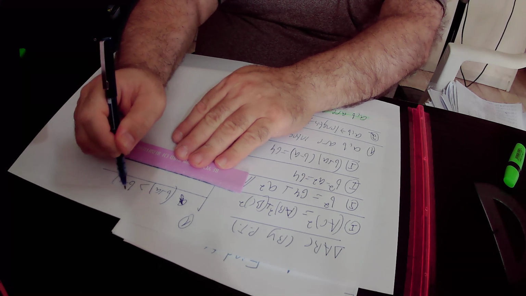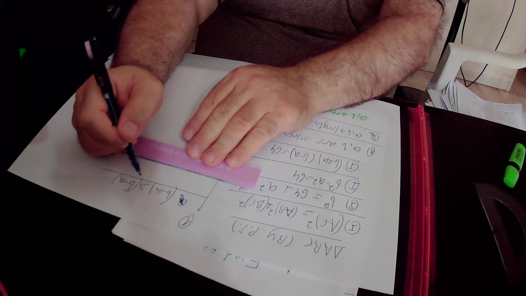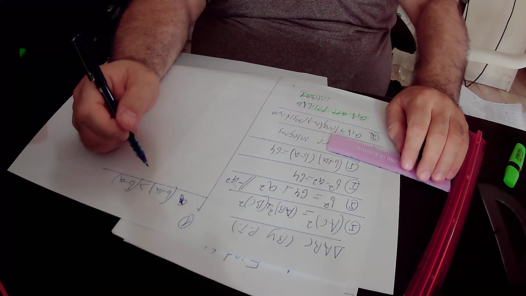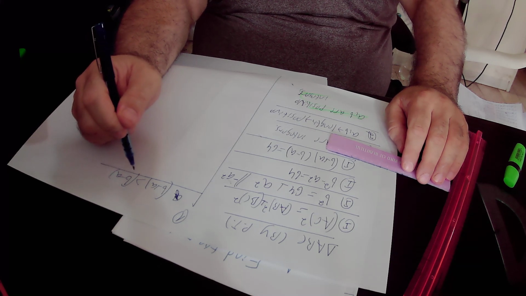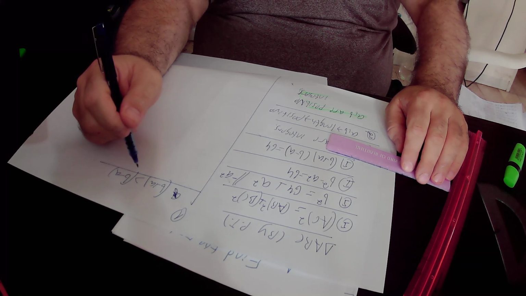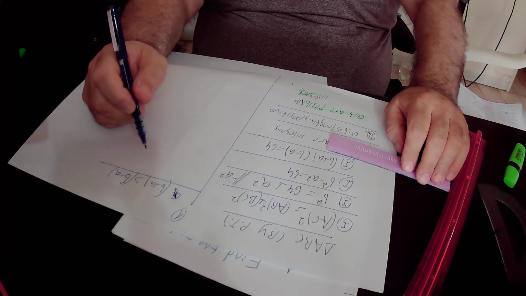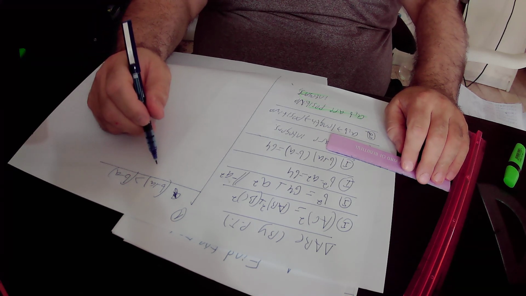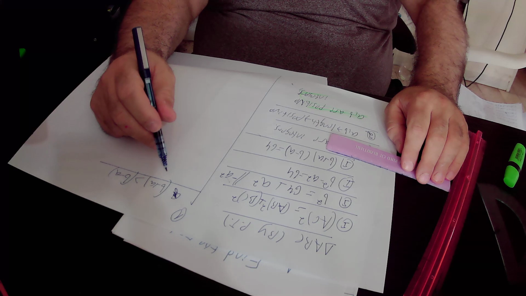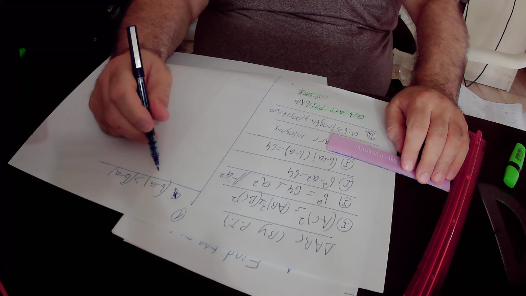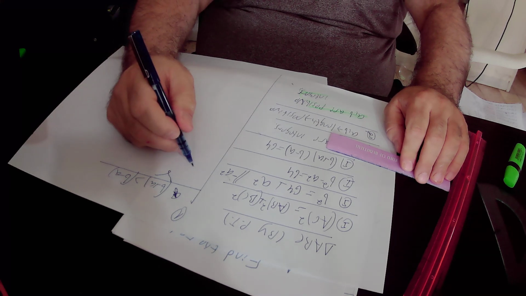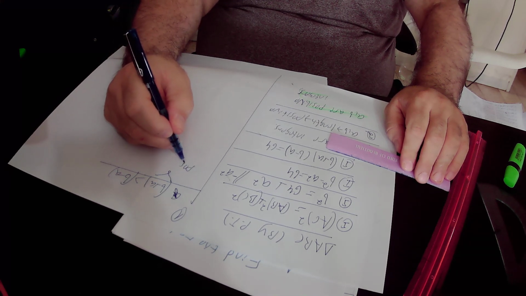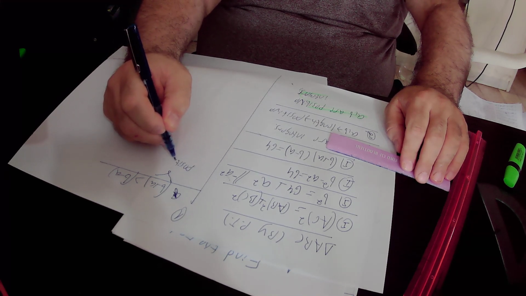Because when you add two positive integers, the result must be greater than when you subtract them from each other. And B is a positive integer and A is a positive integer, so B plus A is also a positive integer. When you add two positive integers to each other, the result must be a positive integer.